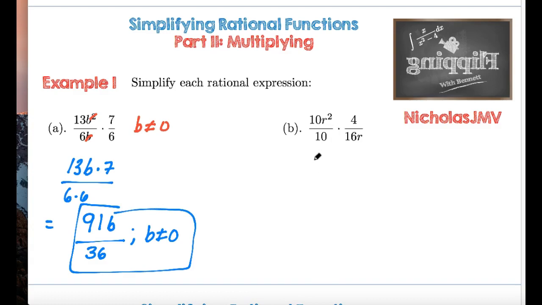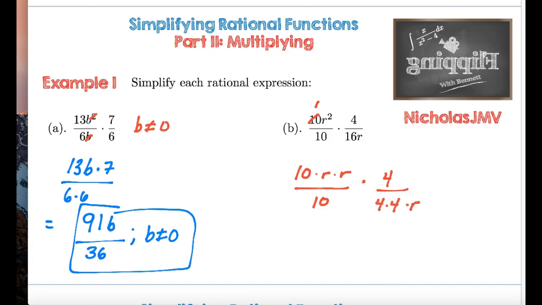Now, number 2, you can simplify a few things right off the bat. I try to look straight up and down first. So I know that 10 goes into itself once. So we can rewrite this as 10 times r over 10 times 4. You can write 16 as 4 times 4 times r.